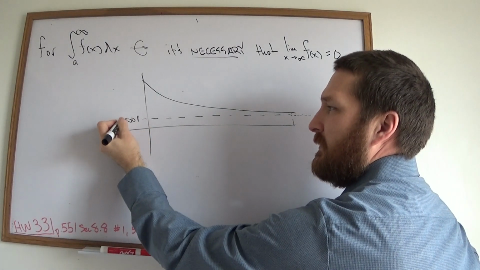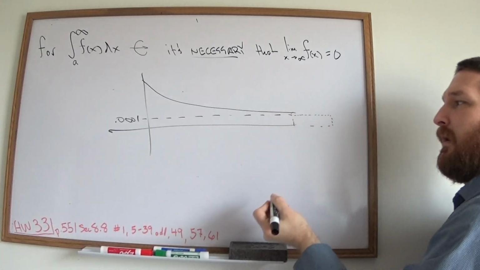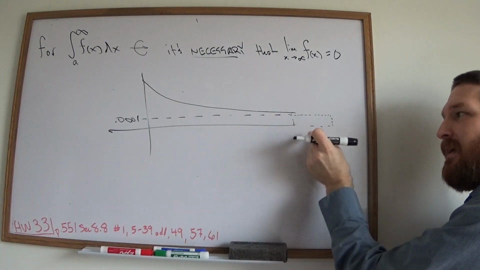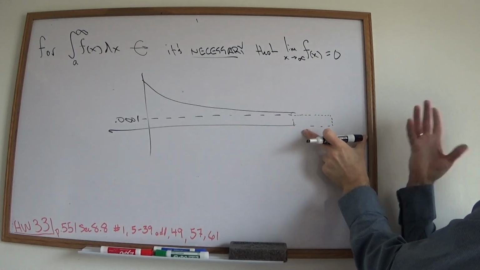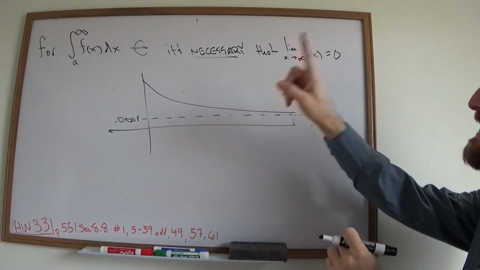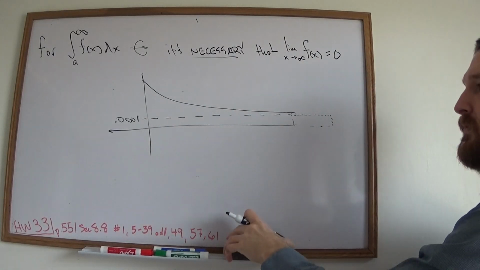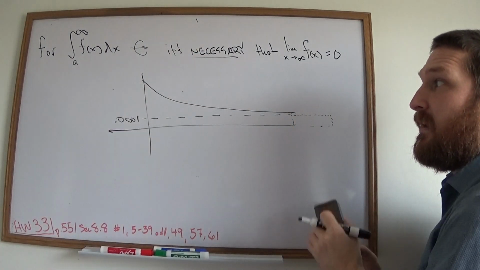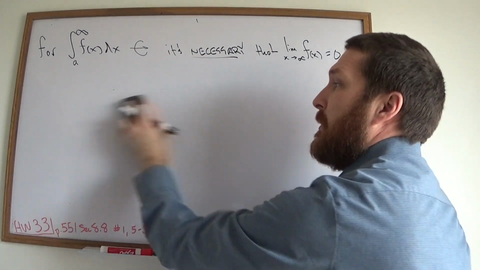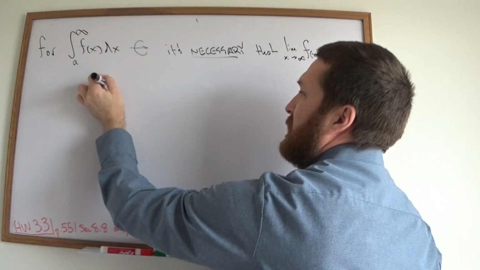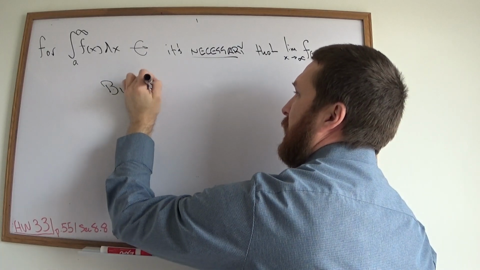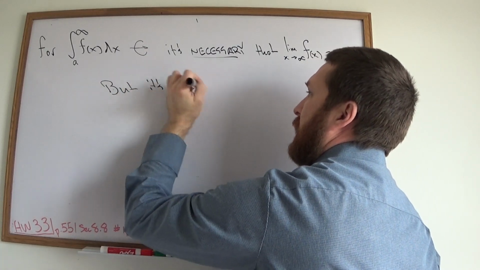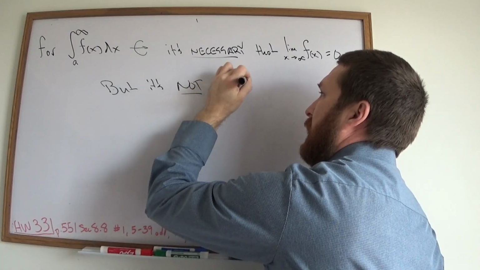Or 0.0001, well, if you're adding up infinitely much, it's not going to work. So it's necessary that this limit goes to 0 for that integral to converge, but it's not sufficient. So something else has to be true as well.